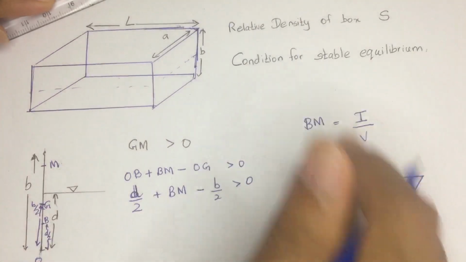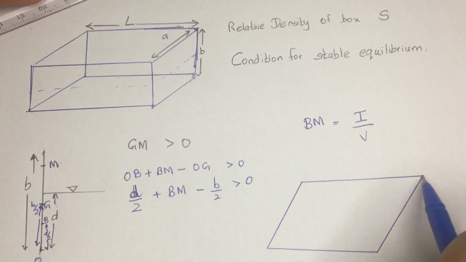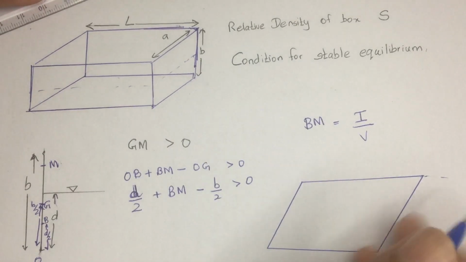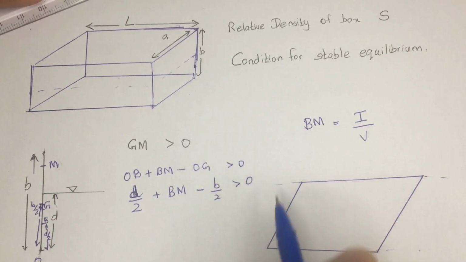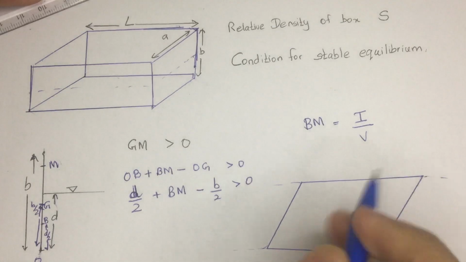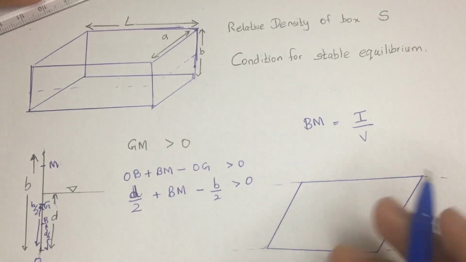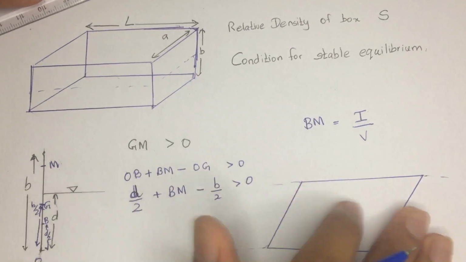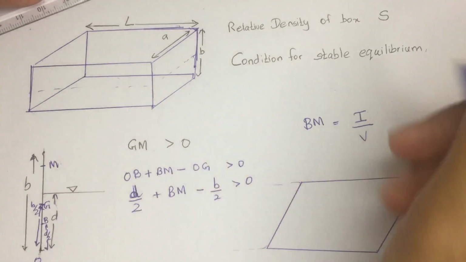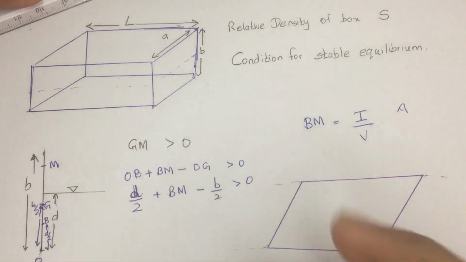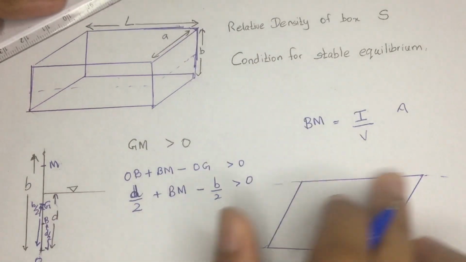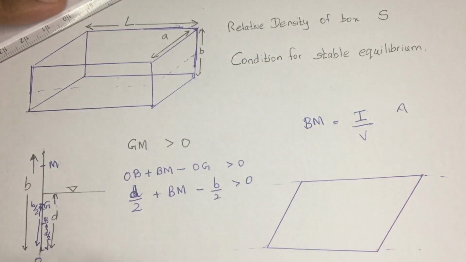When you are seeing from the upside direction, if this is the water level, it's going to be a little bit up. But when you are considering this BM, and this I, you need to see from this water level. So when you are seeing from the upward side, you need to imagine from the water level, and the surface would be like this, a rectangle.